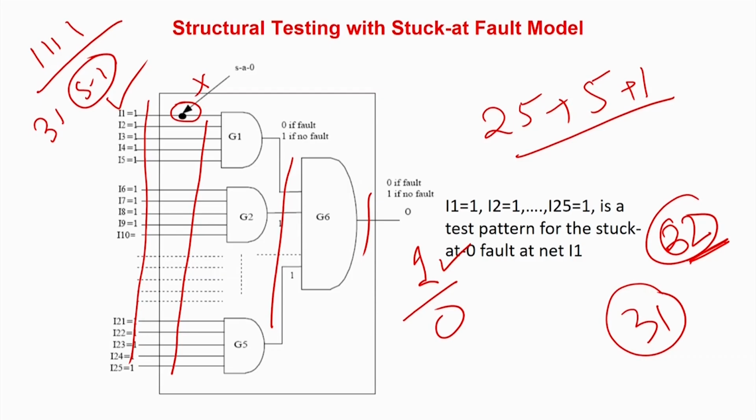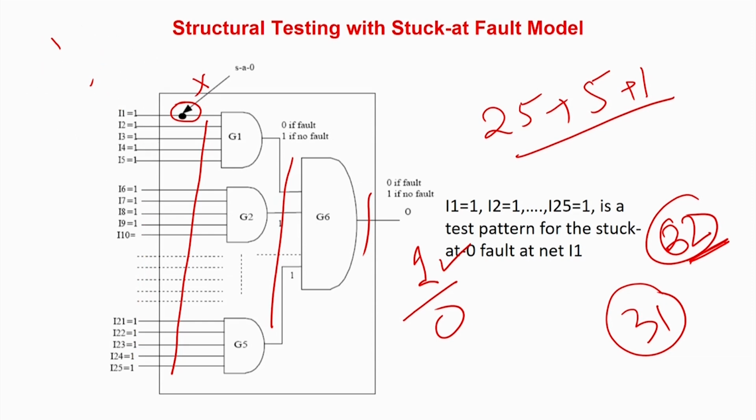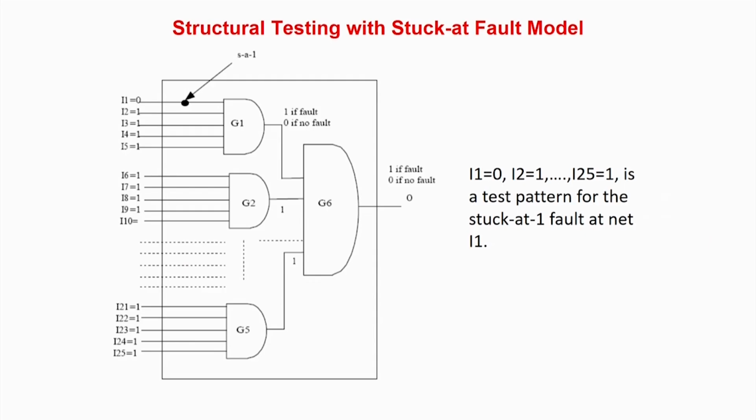That is one pattern, 31 faults gone. That is the beauty of structural testing. And also, I do not have to probe anything in between. I am applying the inputs and just looking at the output, and my 31 faults are gone, or covered. That is actually called fault coverage. With all ones I am able to test 31 faults.